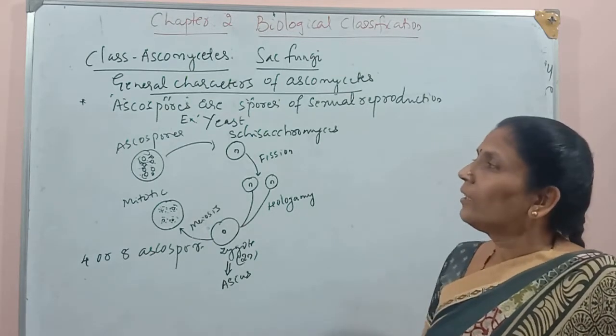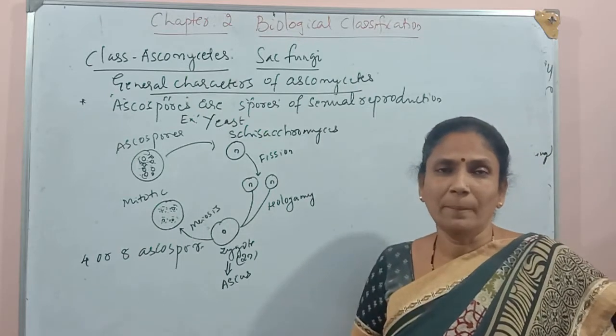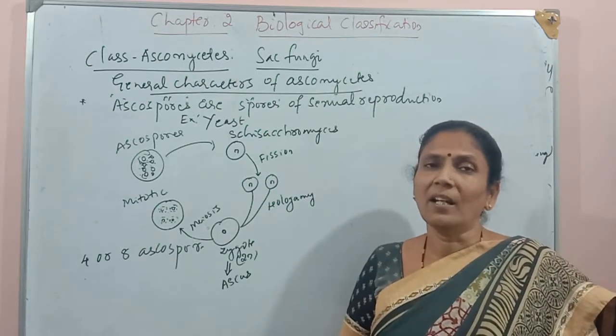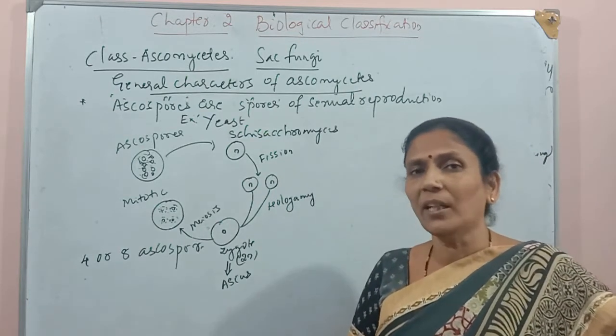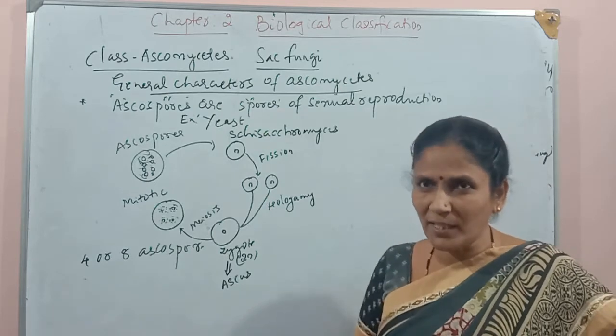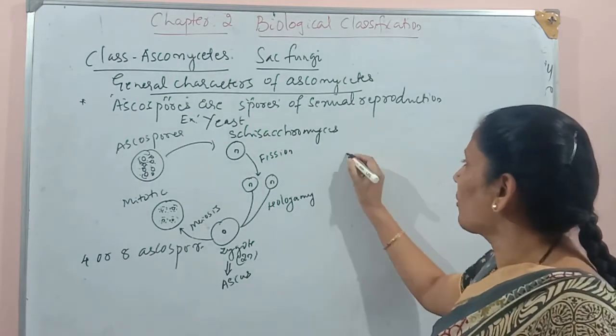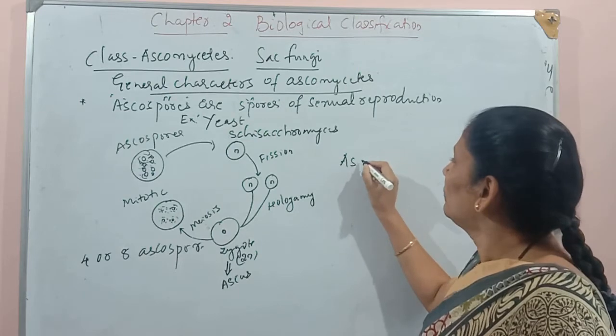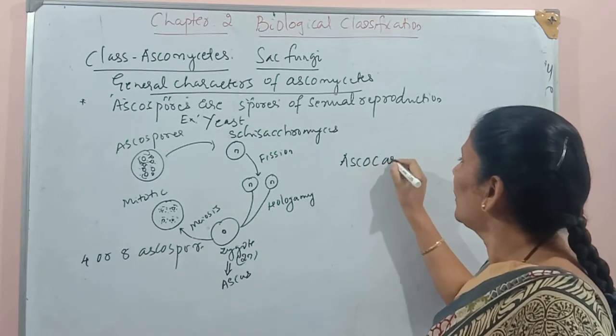These ascospores are present in the ascus, and asci are produced in different types of fruiting bodies, which are called the ascocarps.